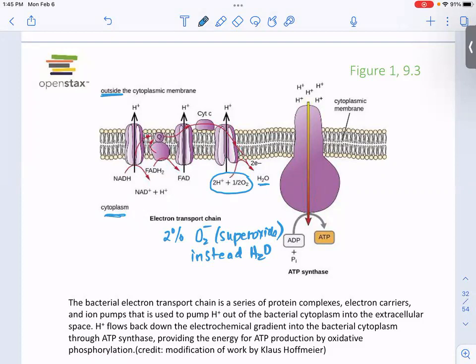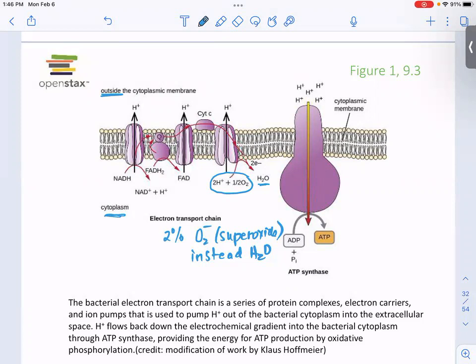That was one of those reactive oxygen species or toxic oxygen species that is just a byproduct of aerobic respiration. Sometimes some of the electrons will leak into the cell. They don't get passed, they get fumbled as they're passed to those electron acceptors, and that can cause some superoxide formation as well.